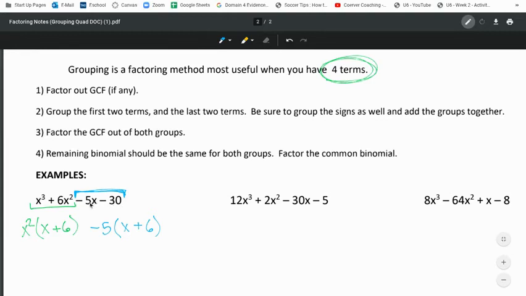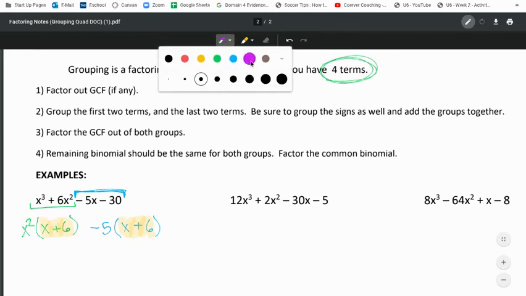They both share a common factor of -5, so -5 times x is -5x, and -5 times a positive 6 gives me -30. Now, this should happen: when we factor by grouping, the factor inside this parentheses should be the exact same as it is in the last parentheses. So when you see that happen, you know you are on the right track.